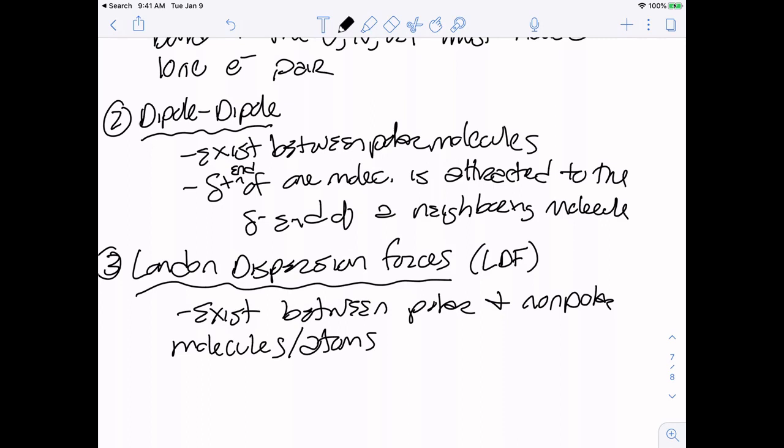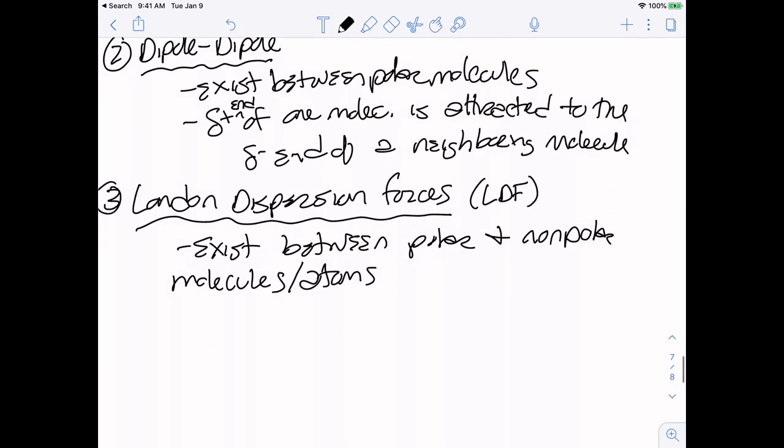So between polar and polar molecules, between non-polar and non-polar molecules, and if I mixed you up and gave you a polar and a non-polar, it would exist between those also. And it doesn't just have to be a molecule, it could be an atom, right? Between neon and neon. They'd be pretty weak because neon's small without a lot of electrons, but I would have London dispersion forces.